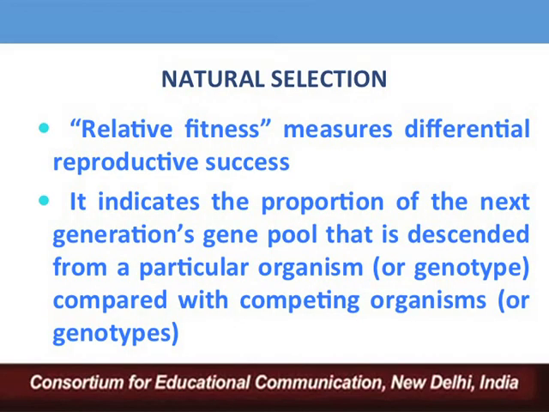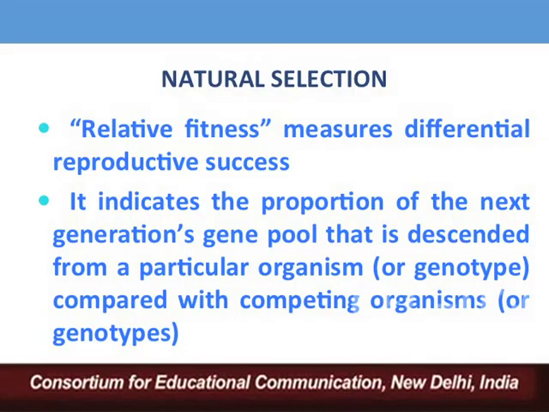Whereas when we talk of relative fitness, as the term suggests, relative, we are basically comparing different genotypes. So this relative fitness is a differential type of fitness where we are measuring differential reproductive success. Herein we are taking different genotypes in a population and we are assessing how fit those particular genotypes are.